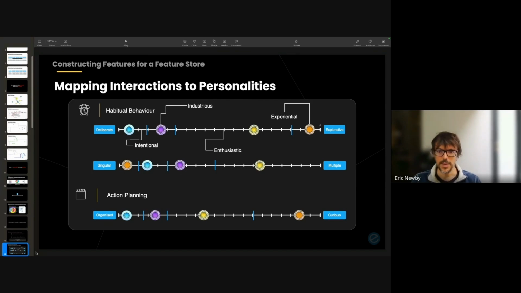So based on how you behave across those different metrics, you then get given a spectrum score across those different personalities of intentional, experiential, enthusiastic, industrious, because we've done the work to map those categories to the indicators that we find.